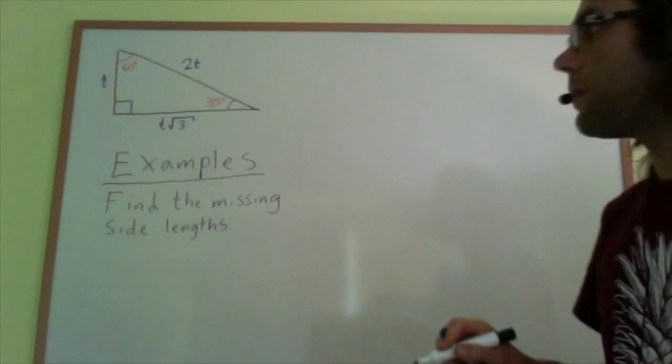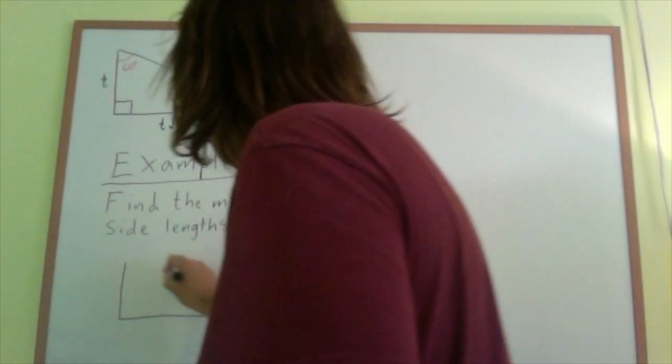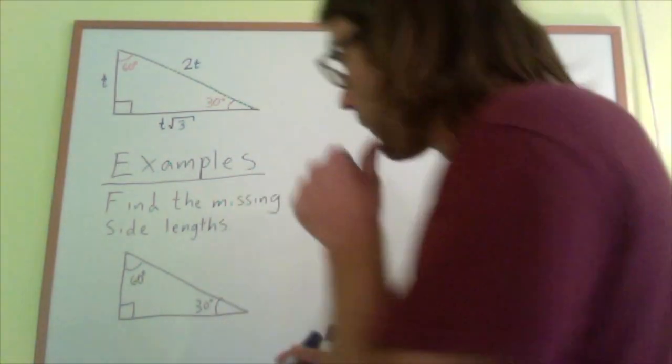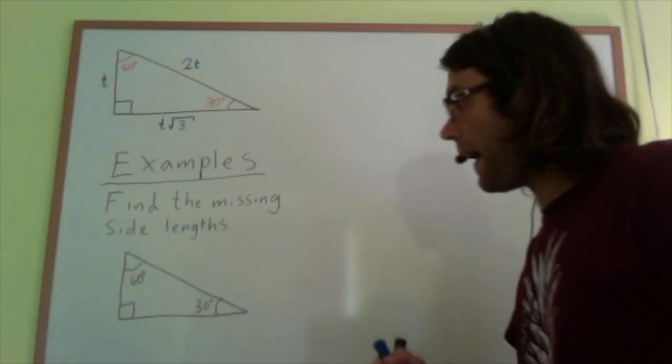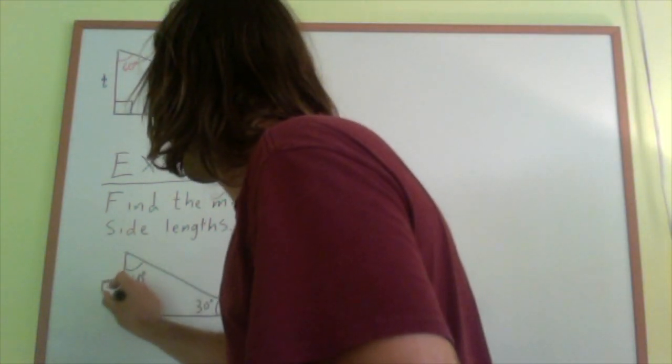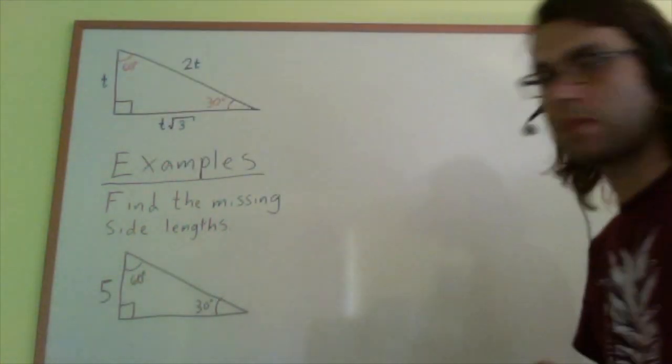Okay, so let's start with a triangle like so. This being 90, this over here is going to be 30 degrees. This over here is going to be 60 degrees. And we'll suppose, for the sake of argument, that the side opposite 30 is length 5.